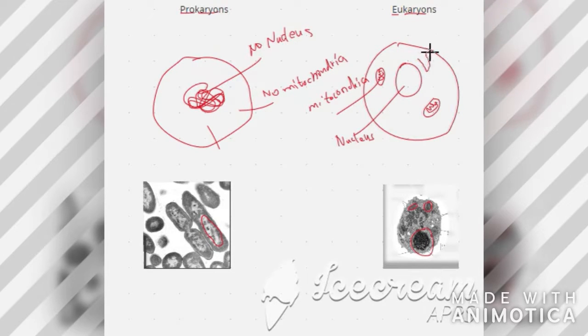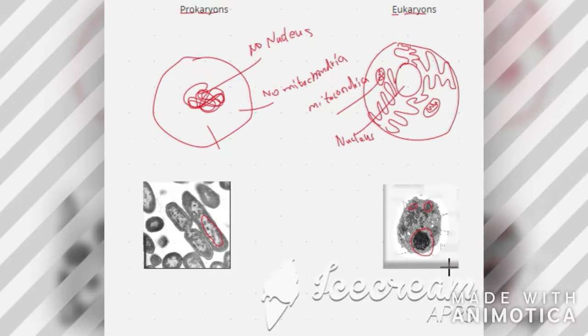The other thing is the endoplasmic reticulum. That is the system of tubules that extends from the nucleus all the way to the membrane at the end of the cell. This system is made to transport materials from the nucleus to the other parts of the cell.